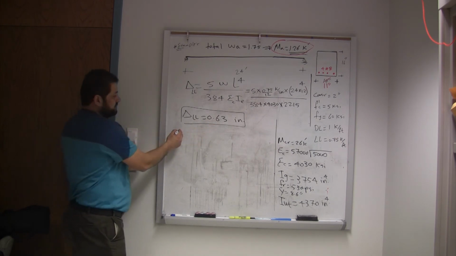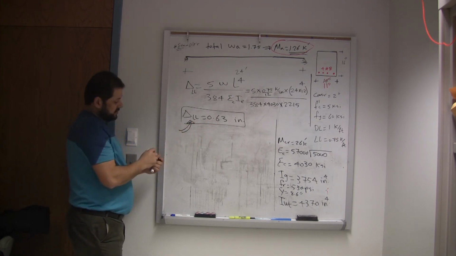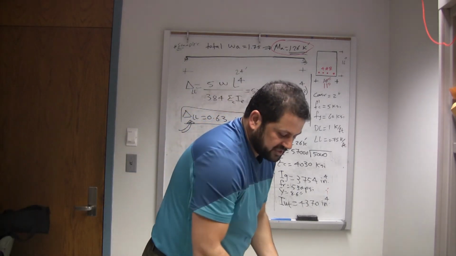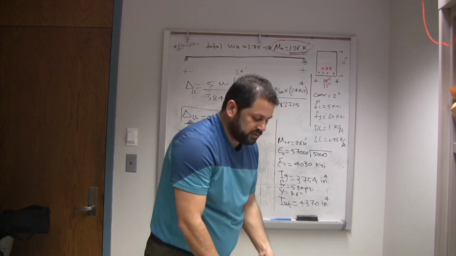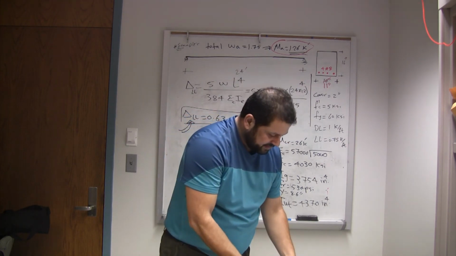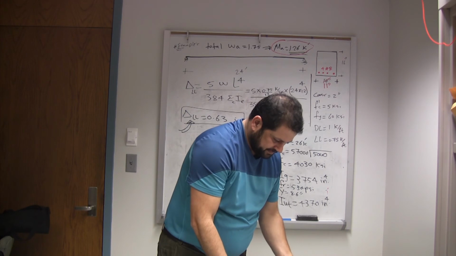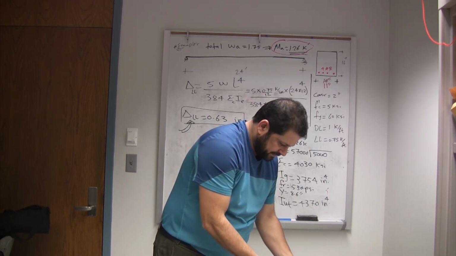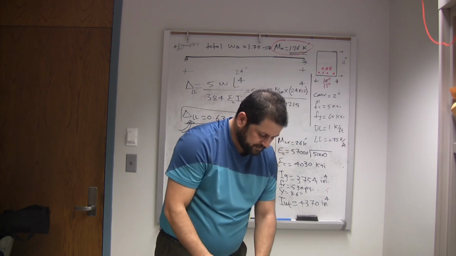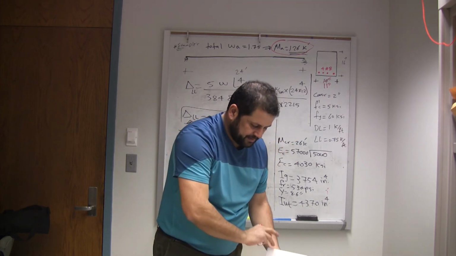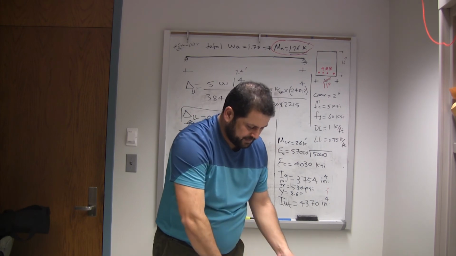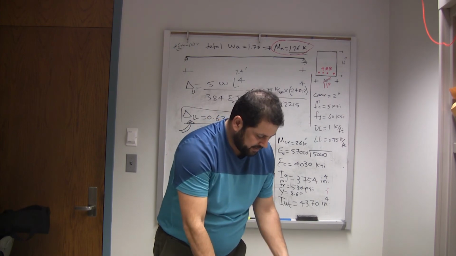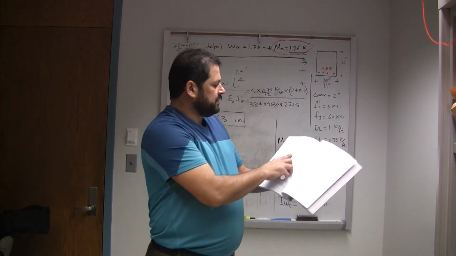Is this good or not? So let's see what the ACI code says. If you go to that table, which is based on the ACI code, it says for floors.